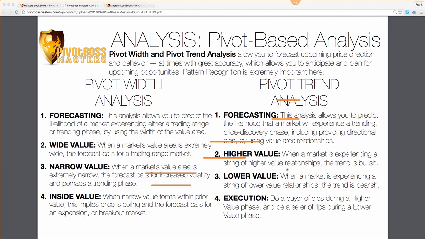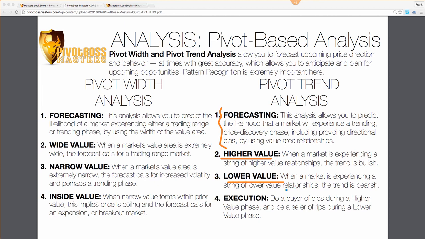So again, when you're looking at the value area day over day, and it's doing this right here day over day, it's printing at higher and higher value levels, that's confirming an uptrend. And so what we know in an uptrend is you want to defend counter trend rotations into pivot-based support levels or pivot-based confluence levels and look to fade it back in the direction of the existing trend. So forecasting using pivot trend analysis allows you to identify whether you're going to have a bullish or bearish trend.